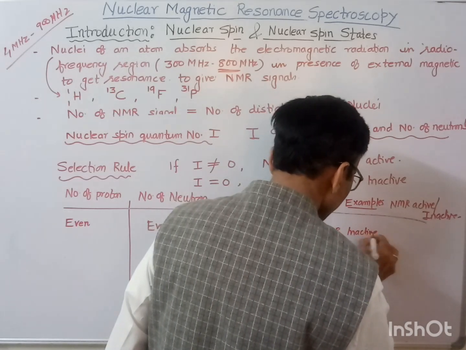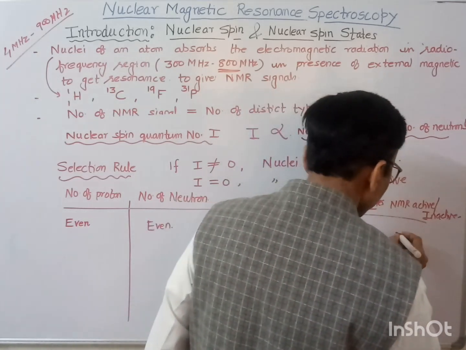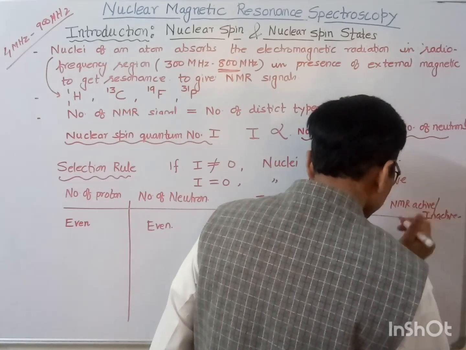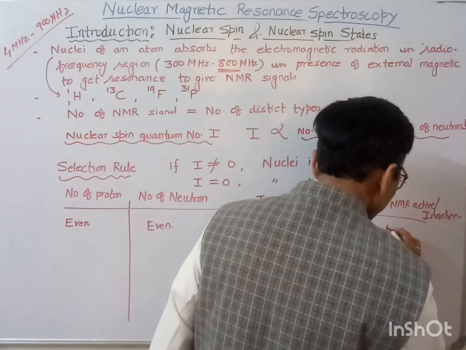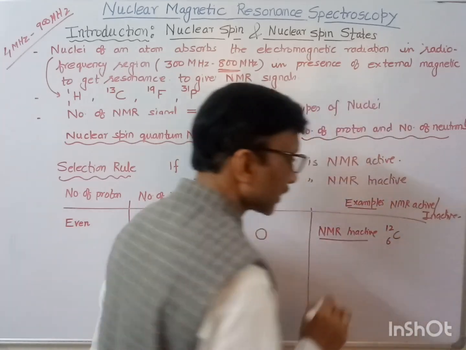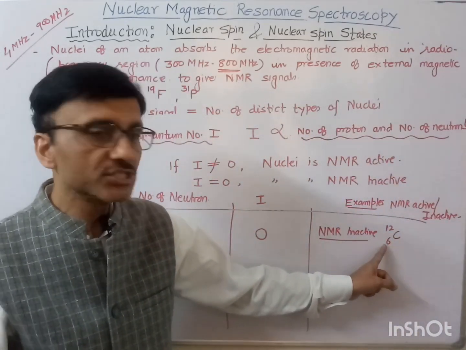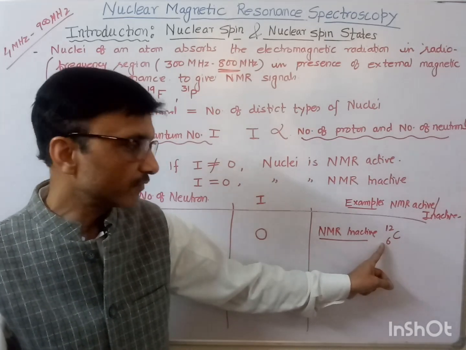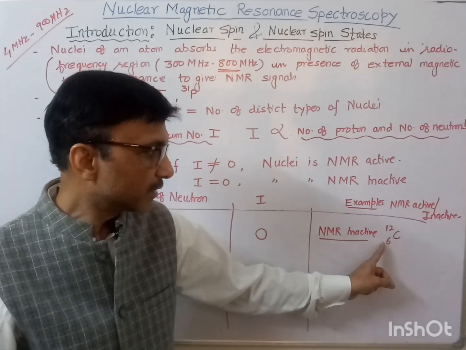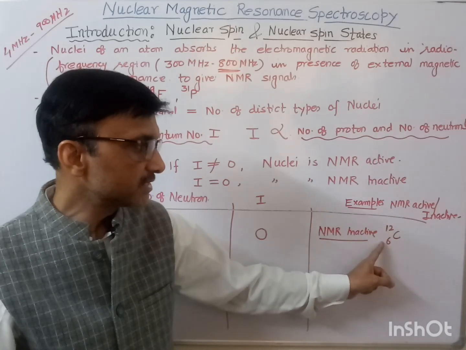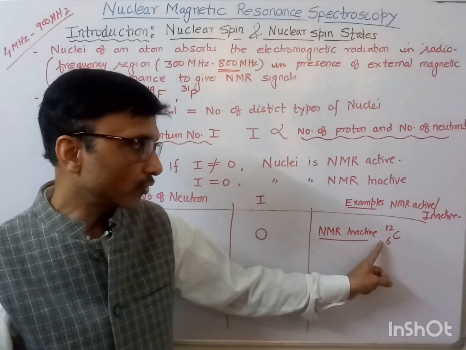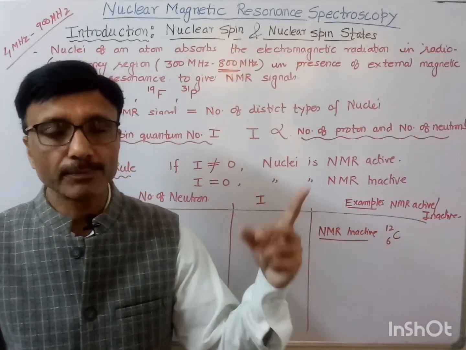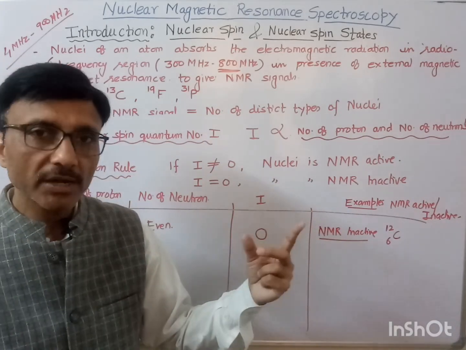For example, carbon 12. In carbon 12, the number of protons is equal to the number of electrons. 6 is the number of protons as well as the number of electrons. And if 6 is the number of protons, then 12 minus 6 is the number of neutrons. So 6 and 6, protons as well as neutrons, both are even.